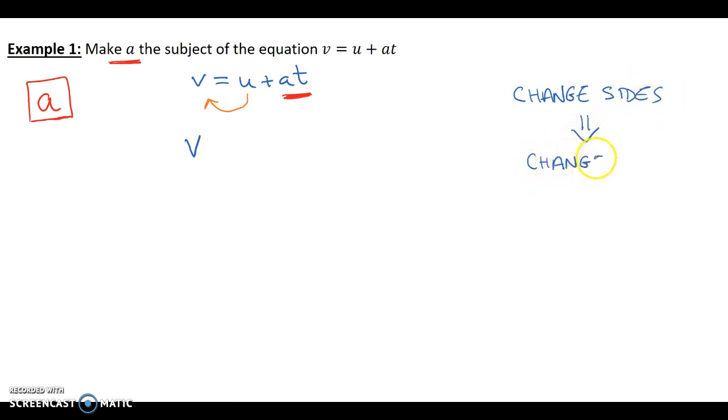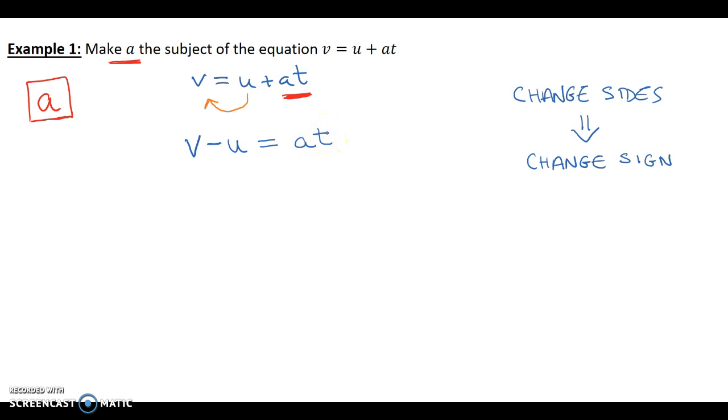Okay, that doesn't ever go away. Now we're taking the u over to the other side, and remember why we're doing it. We're doing it to get a on its own. So we're going to have the piece that has the a in it on its own. We take u across. It was just a regular u. When we move it across, we have to make it negative u. So that will be v minus u is equal to at.